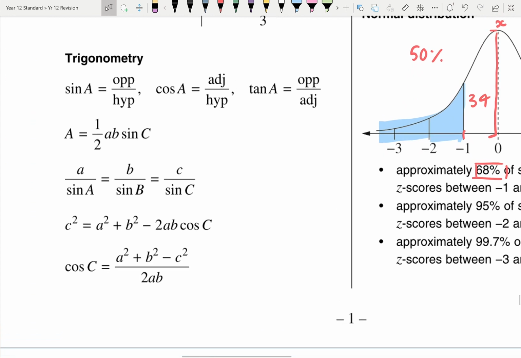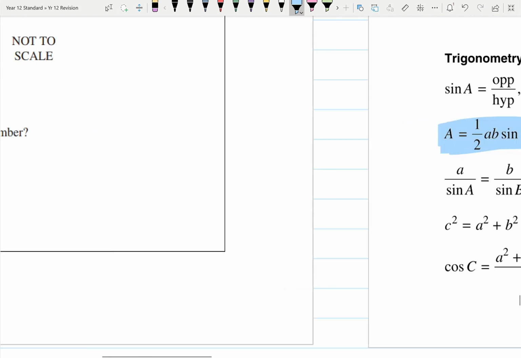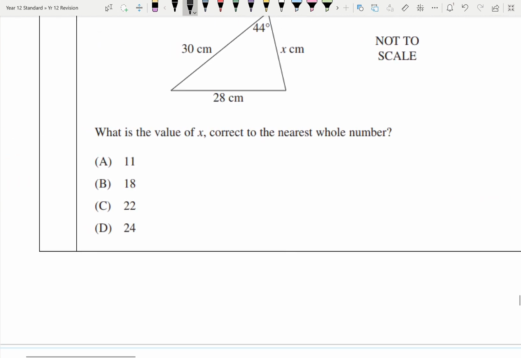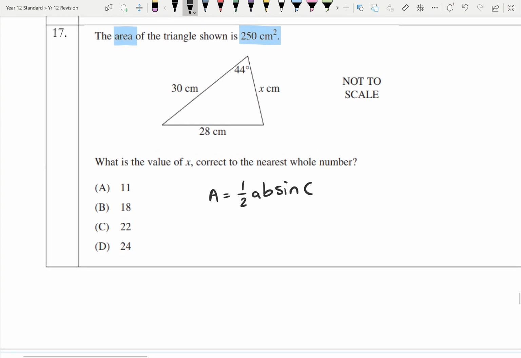Now there's only one formula under trigonometry that starts with an A for area, and that is this one just here. Okay, so we're going to grab that, come back and write it down. So A equals half AB sine C. Okay, so then we've got our picture and it says what is the value of x? So this is what we're actually finding to the nearest whole number.